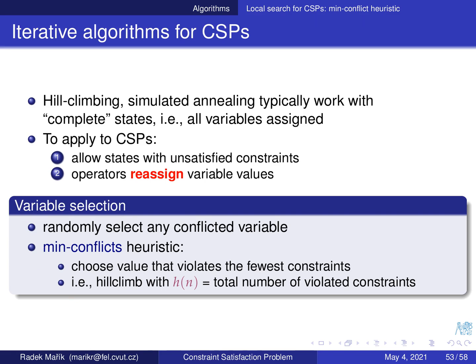Or there is also a heuristic, so-called min-conflicts, where you choose a value of the variable that violates the fewest constraints. And as a heuristic, you use the function hn that calculates how many constraints are violated.